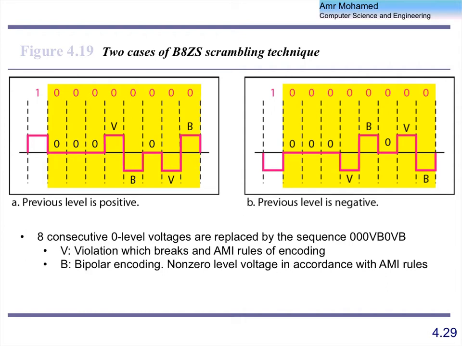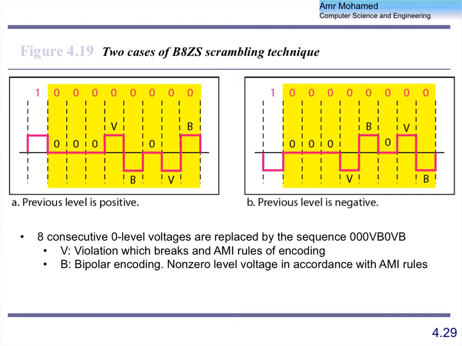And this violation, I did it on purpose to inform the receiver that this is not a proper AMI, which means that this bit is actually not 0, is actually, sorry, not 1. You see what I mean? So I violated on purpose to inform the receiver that this is scrambling.